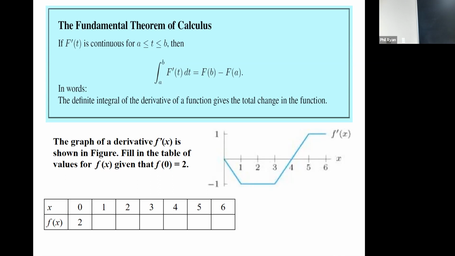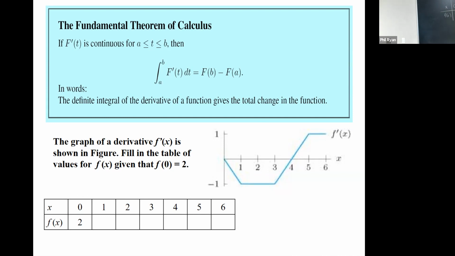You can't get that from here. Okay, so that's at time 0. Okay, now where are we at point 1?